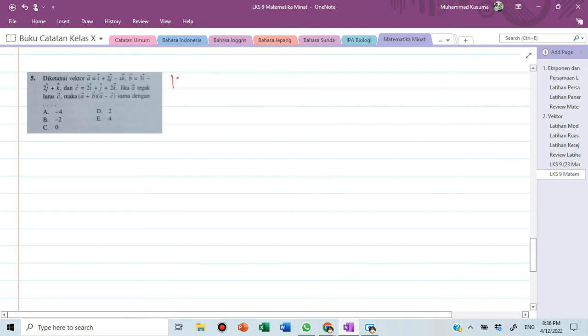So known that vector a is equal to (1, 2, -x). We don't know the value of x, right? We only know the coordinates of a are 1, 2, and minus x. And the coordinates of b are 3, -2, and 1.